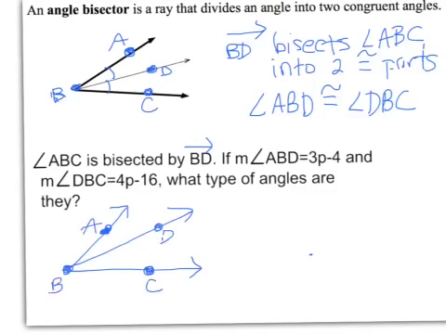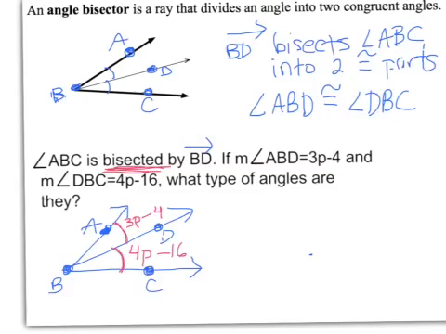So always draw a picture. It's easiest to see this way. The question tells us that the measure of angle ABD is 3p minus 4. It's bisecting it, so we know that they're congruent. And the measure of angle DBC is represented by 4p minus 16. Well, since it's telling us that the angle is being bisected, that means these are two congruent parts.